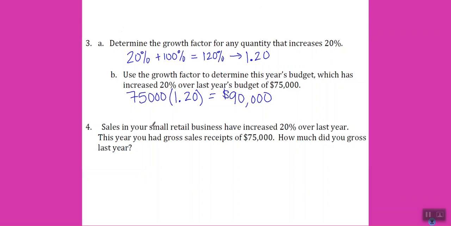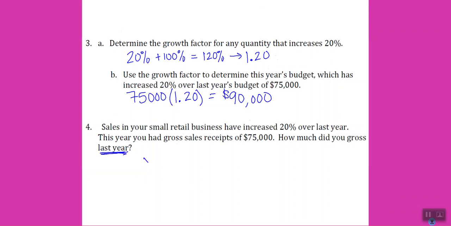All right, sales in your small retail business have increased 20% over last year. So we're still using that same growth factor of 1.2. This year, you had gross sales receipts of $75,000. How much did you gross last year?